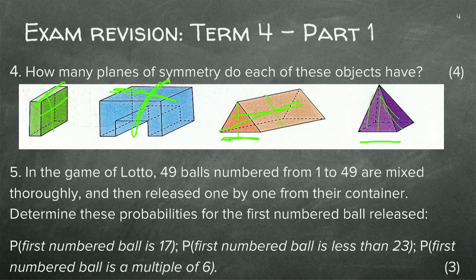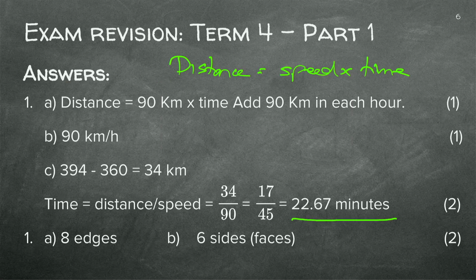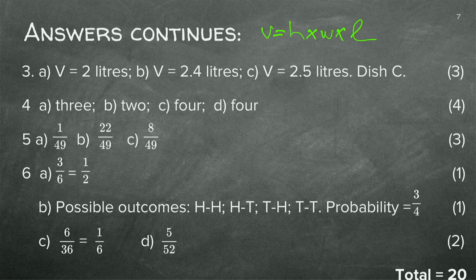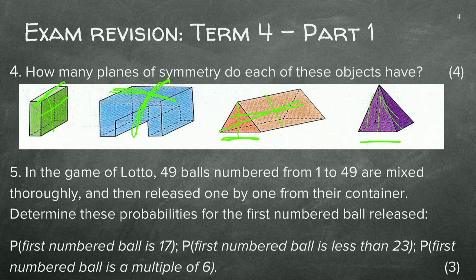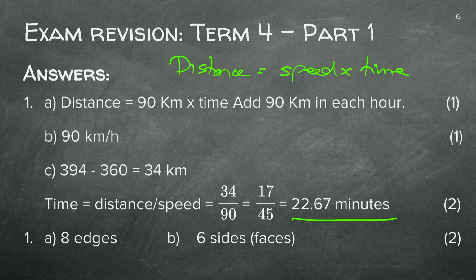Okay, now let's go to the lotto ball. They ask us what is the probability of the first number ball being 17. So it is 17 over 49. You're correct.